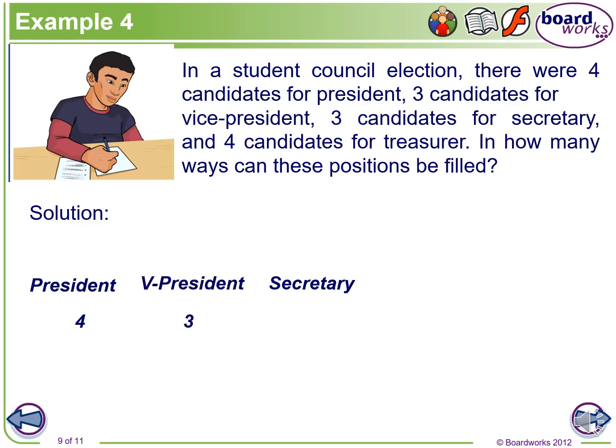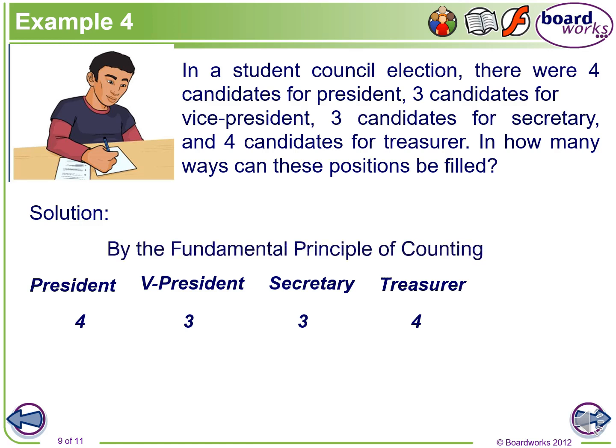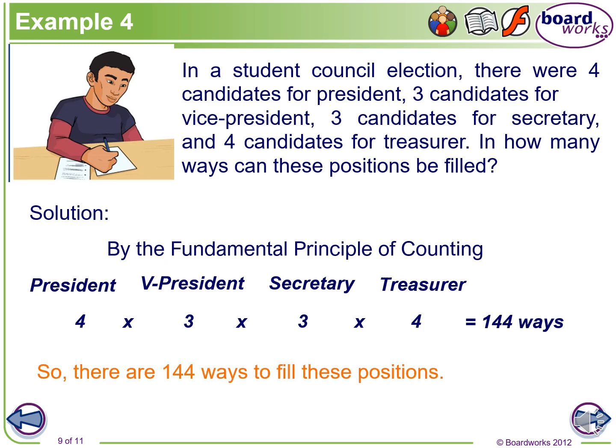Also, the vice president, which is 3, the secretary, we have 3, and the treasurer, we have 4. So, using the fundamental principle of counting, we can determine this by just multiplying 4 times 3 times 3 times 4, and we can have 144 ways. Therefore, there are 144 ways to fill these positions.